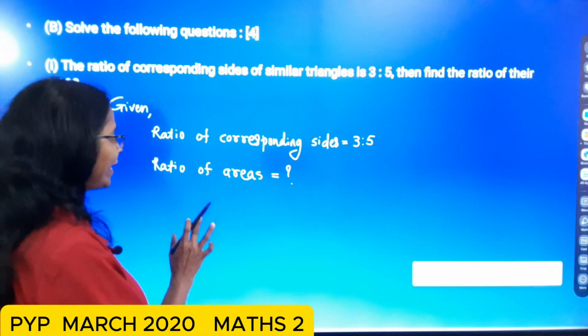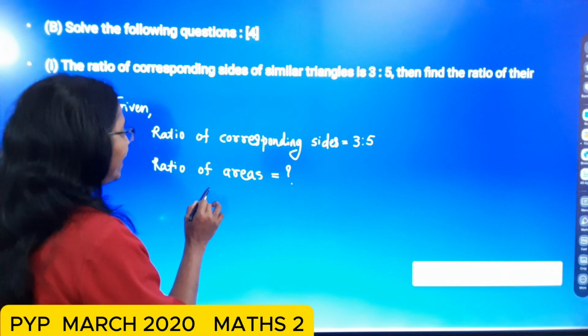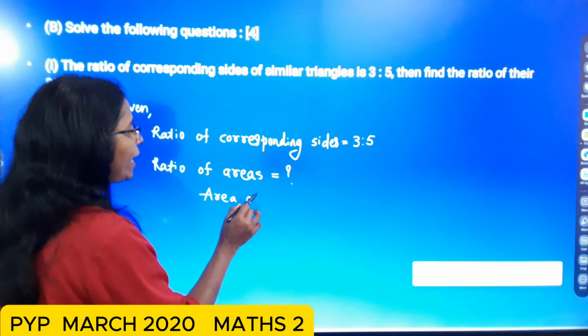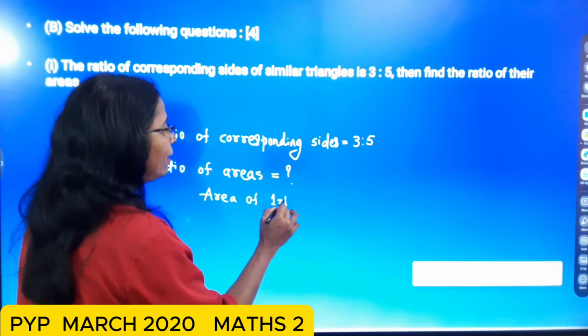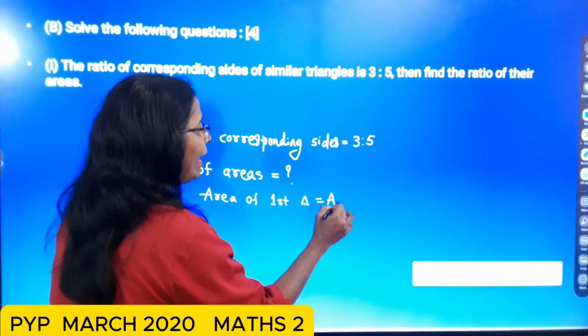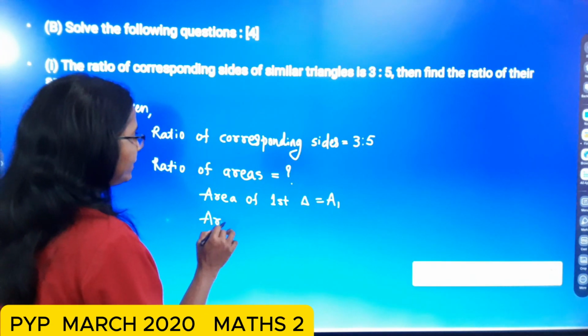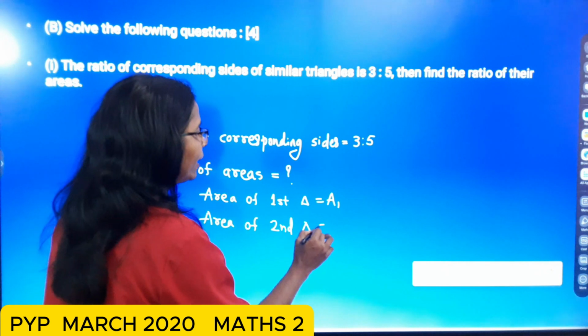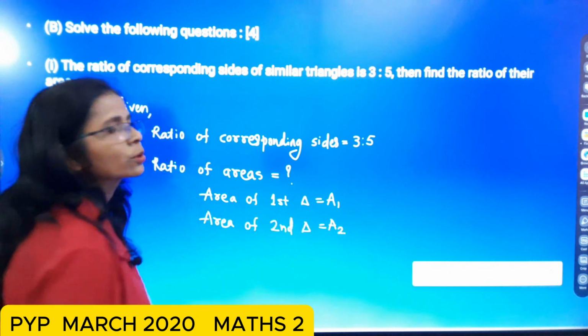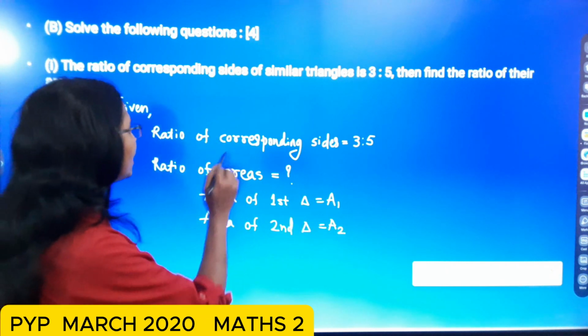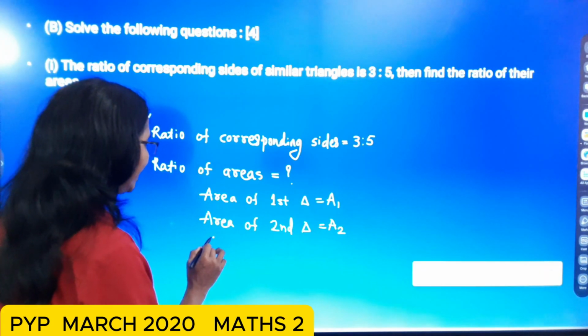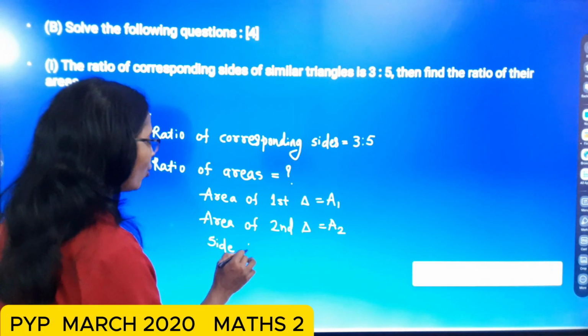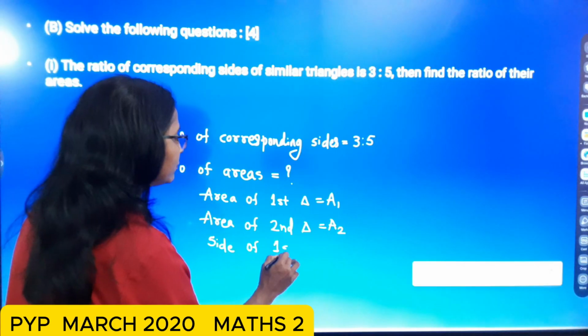Students, here we write the area of first triangle is equal to A1, and the area of second triangle is equal to A2.